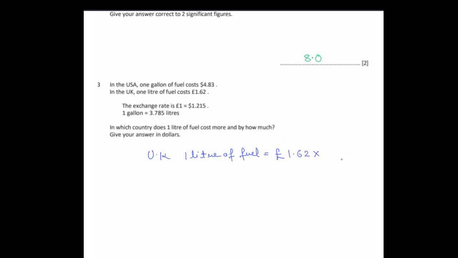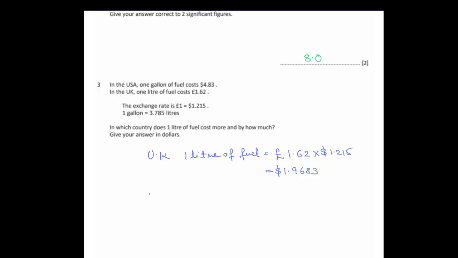So 1.62 into 1.215 is 1.9683. So this is the 1 liter fuel cost in the UK.